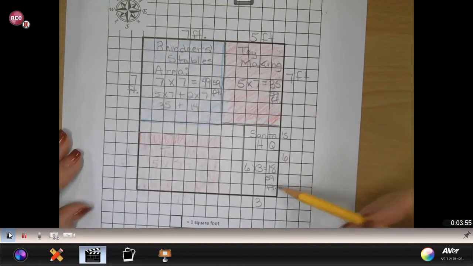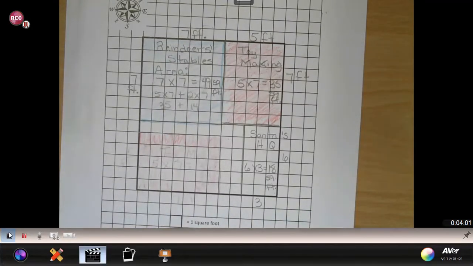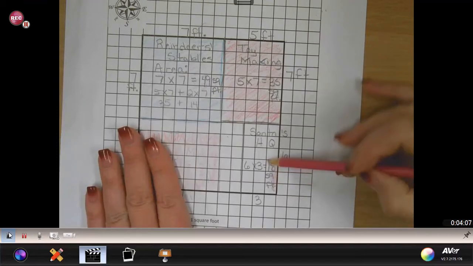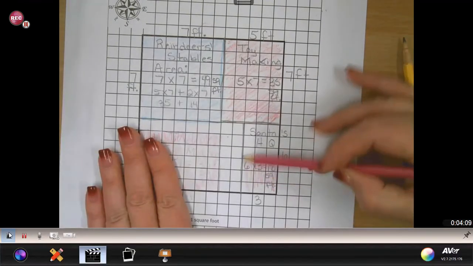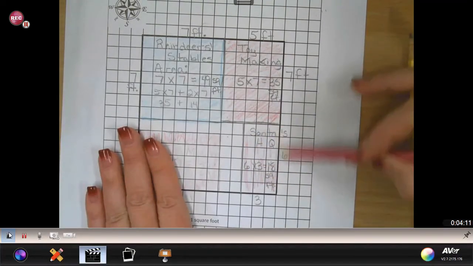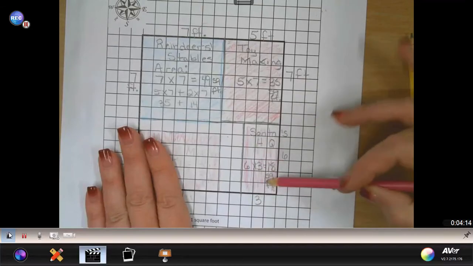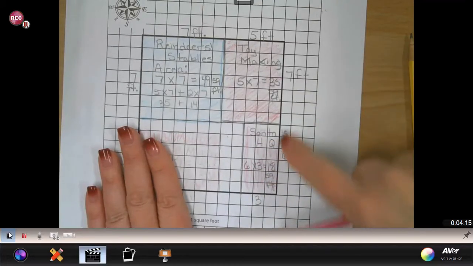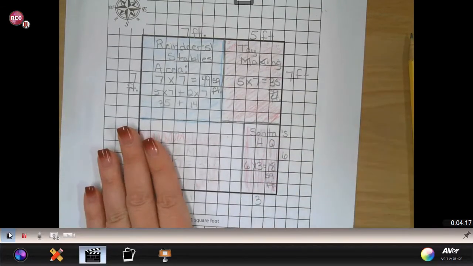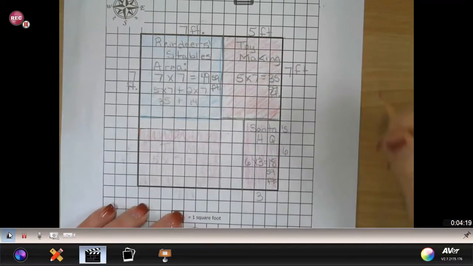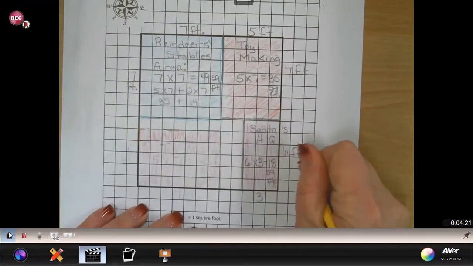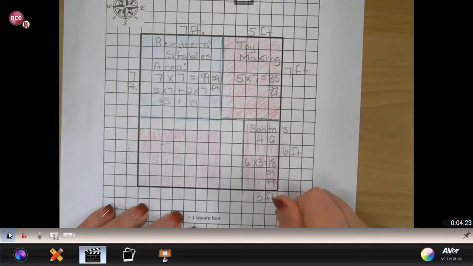I think I will color that in, and I think Santa deserves a nice pink color. So Santa's headquarters is 6 by 3. We're going to put the feet here because the length is 6 feet and the width is 3 feet.